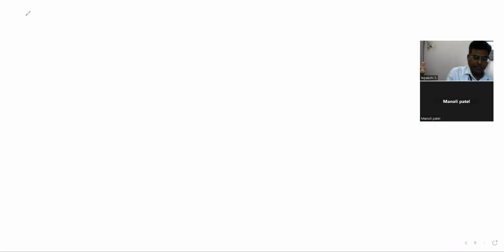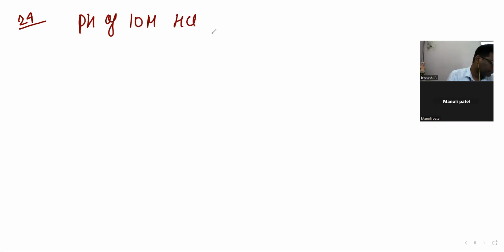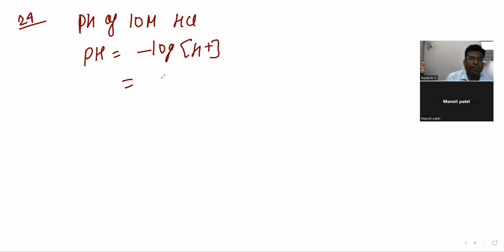Now look at the next sum, 24. The pH of 10 molarity solution of HCl is, so let's find the value of pH of 10 molarity HCl. It is very simple. We know pH is equal to minus log of H plus ion concentration.